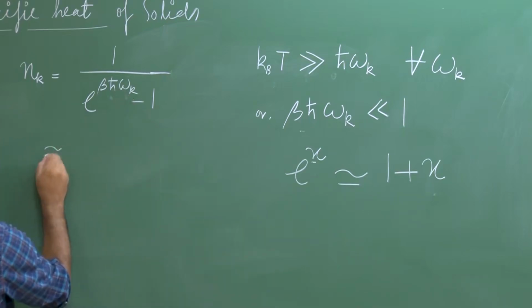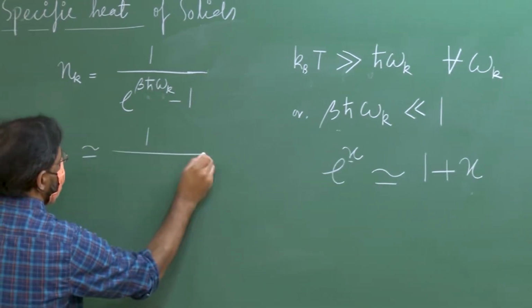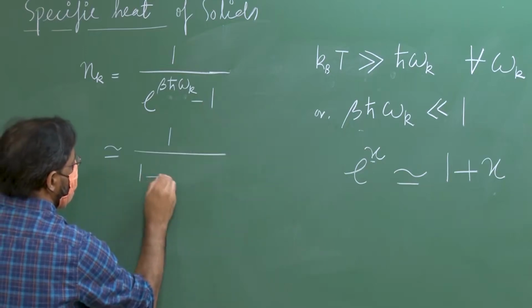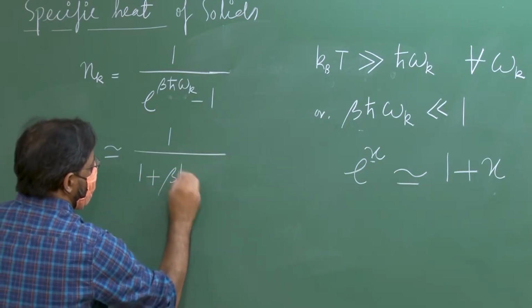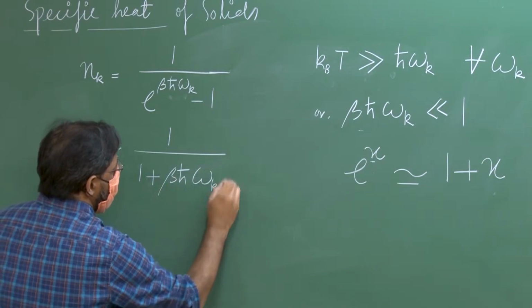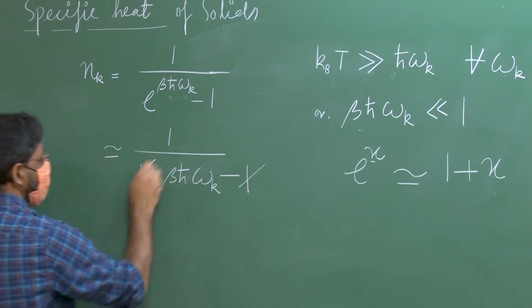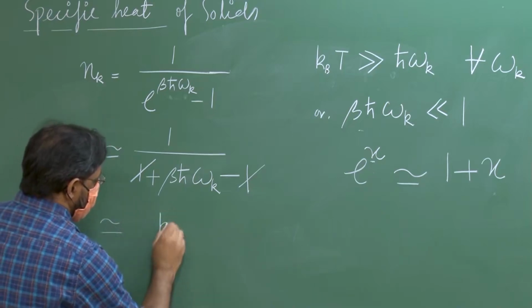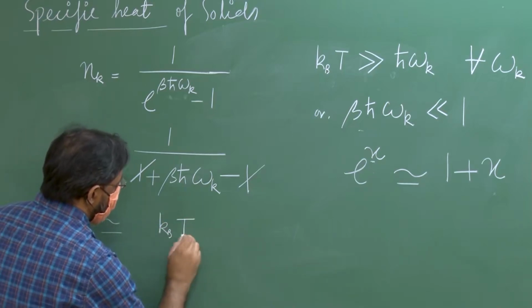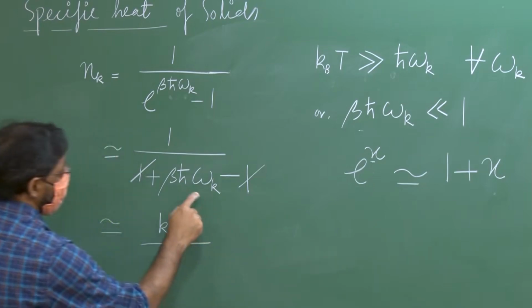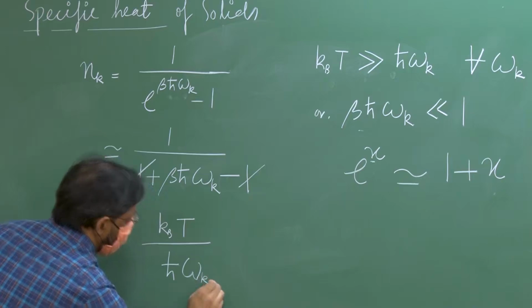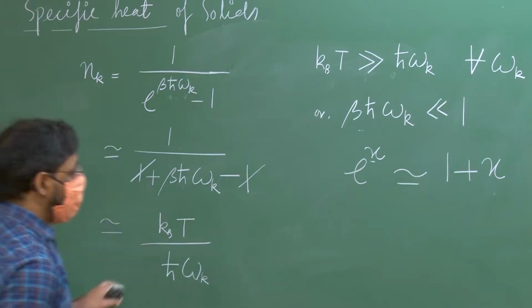Therefore, you can write n_k as essentially 1 over (1 plus beta h bar omega_k minus 1). So 1 and 1 got cancelled, and we remain with k_B T divided by h bar omega_k.